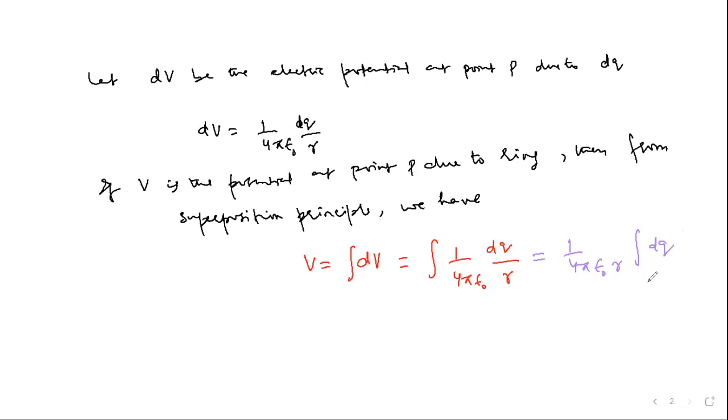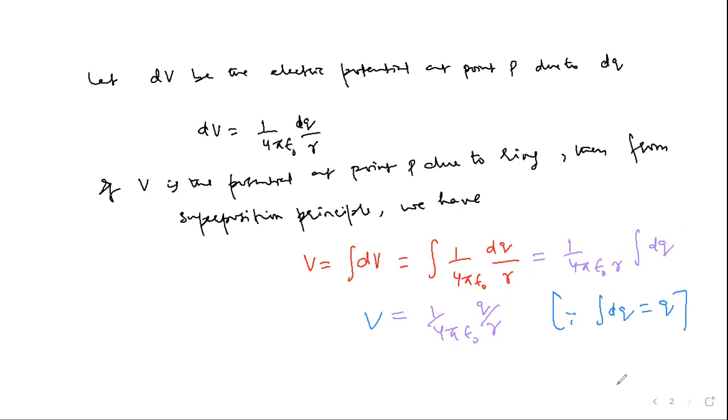Integral dq is just the total charge in the ring. So my expression is 1 by 4 pi epsilon naught q by r, because integral dq is q. So V is 1 by 4 pi epsilon naught q by r.